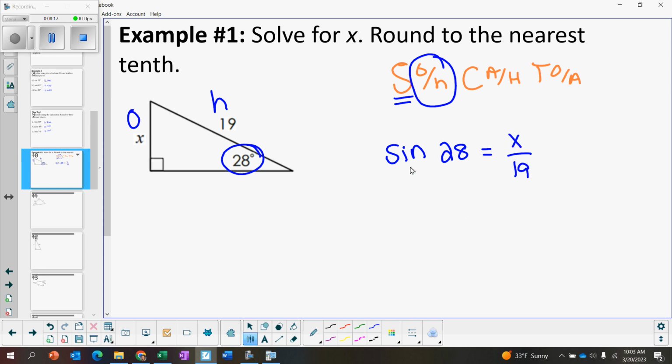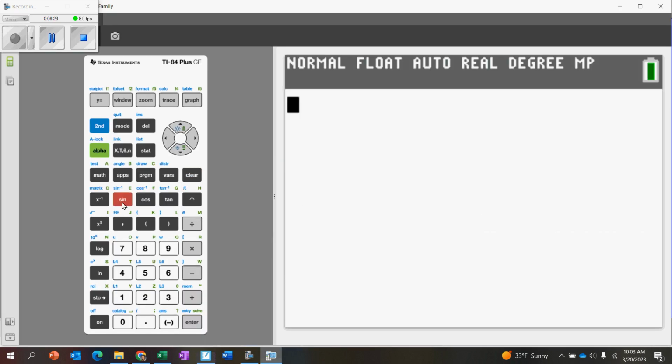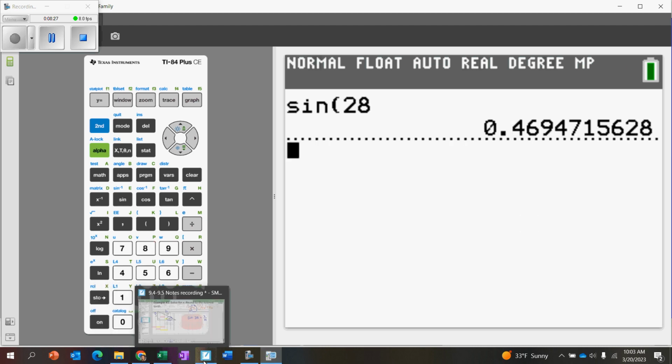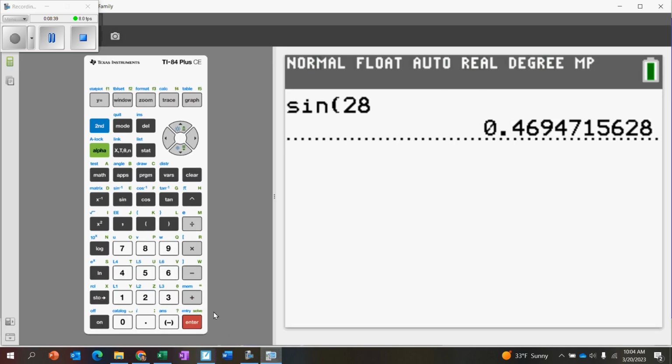I'm going to use the calculator to find the sine of 28. So we're going to hit sine 28 equals, and I get a decimal. So I know that decimal equals x over 19. To get x alone, I'm going to multiply by 19. So on my calculator, I'm just going to hit times 19.